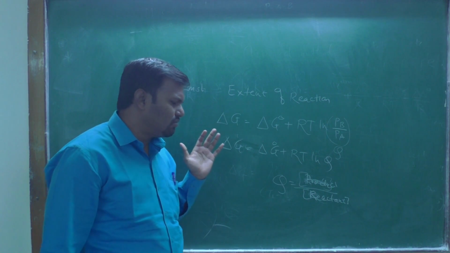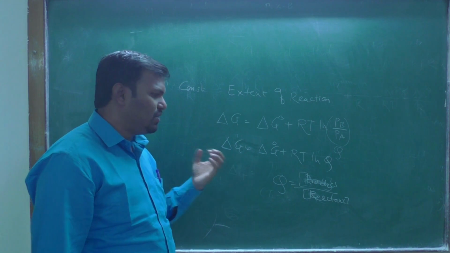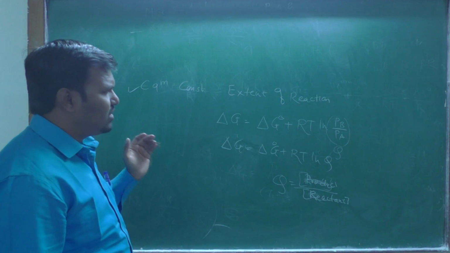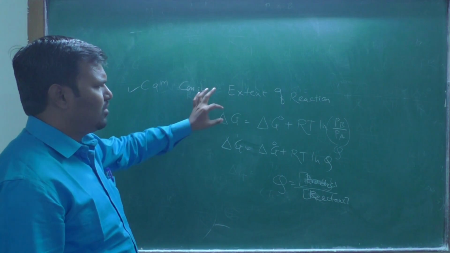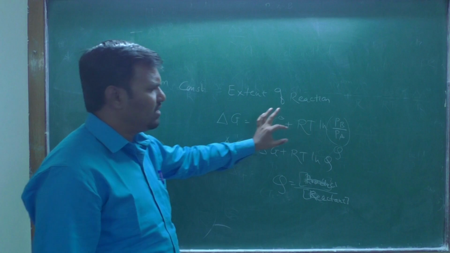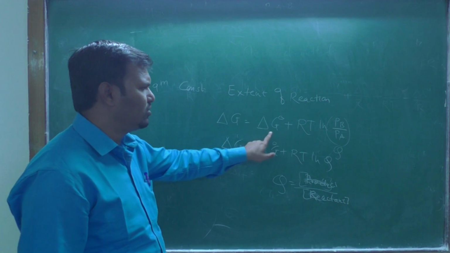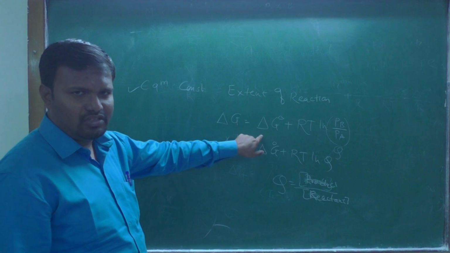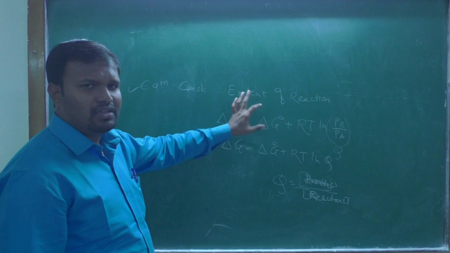By using these G values, we can predict the extent of the reaction. First, be clear that delta G, the change in free energy, depends upon the partial pressure. This quantity, delta G naught, is a constant. It is the standard change in Gibbs free energy.